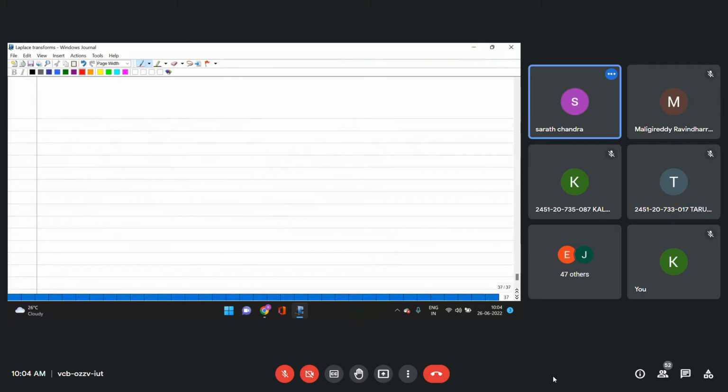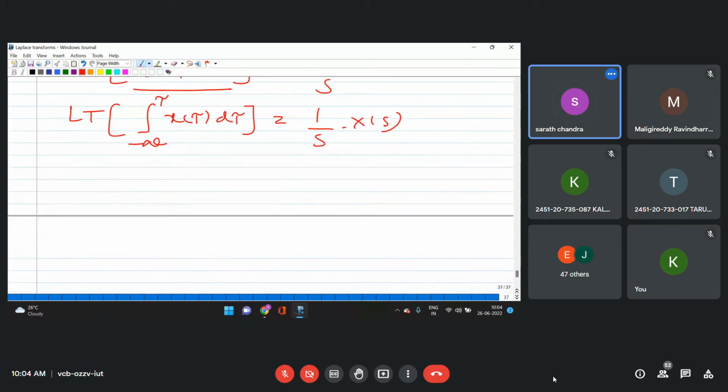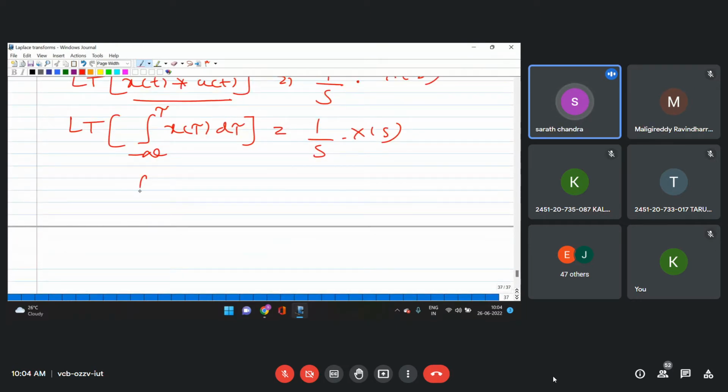If I remove this LT, applying Laplace on the integral of X of tau d tau will give you 1 by S into X of S. That's all. Now have you understood this?